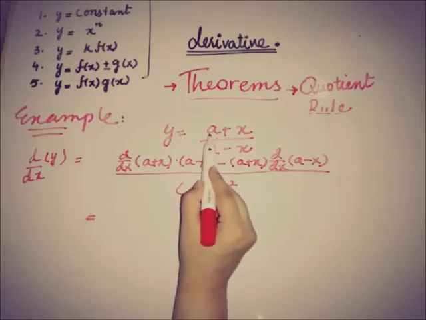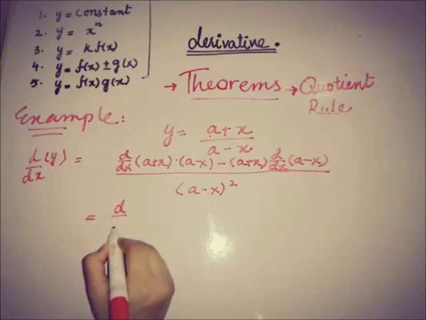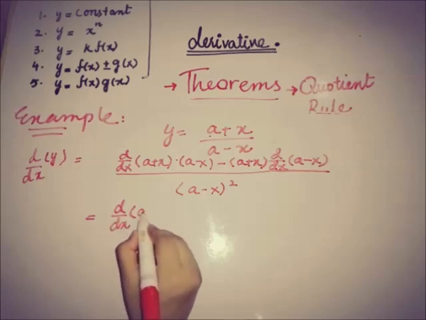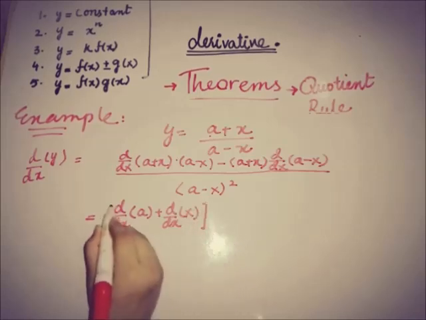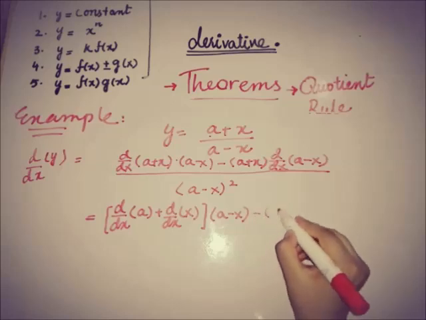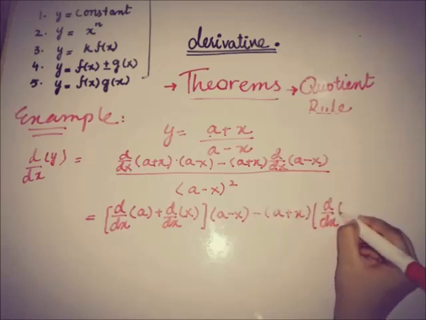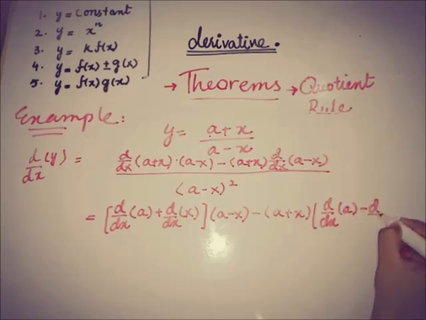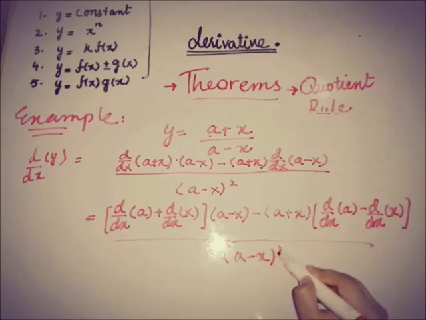Here a is a constant that doesn't depend upon x, so d by dx of a plus d by dx of x, a minus x as it is, then a plus x, d by dx of a minus d by dx of x, and then the whole divided by a minus x whole squared.